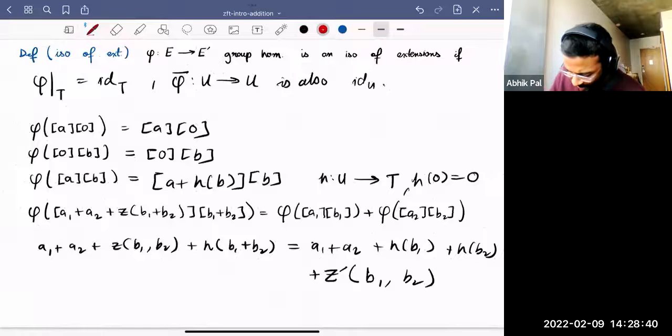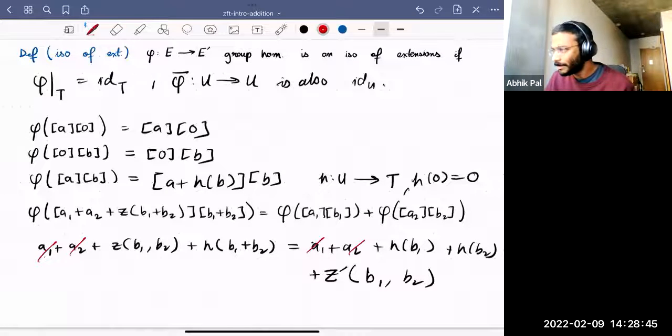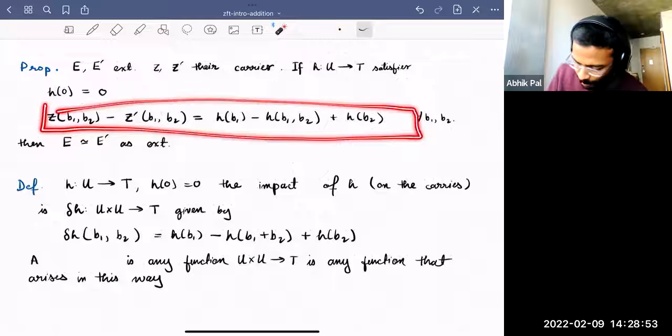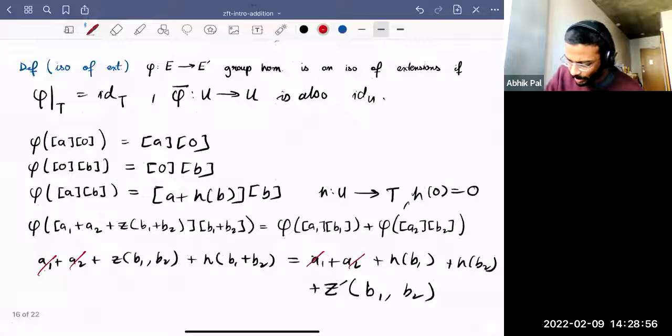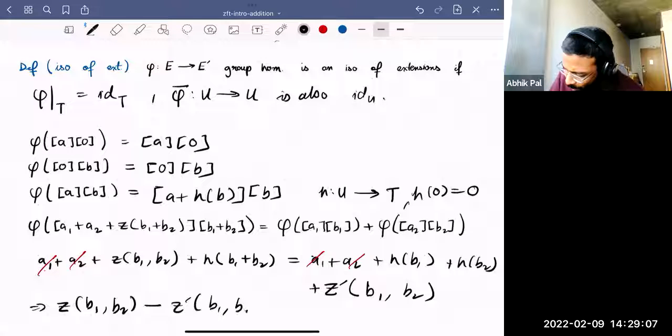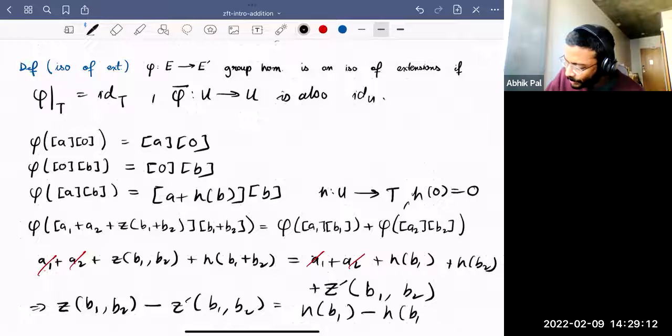And as we did in the associativity condition, I can kill off A1 and A2 and end up with just this one condition on the carry. So really what we get here, and I'll just write it down, is that Z of B1, B2 minus Z prime of B1, B2 should be equal to H of B1 minus H of B1 plus B2 plus H of B2.